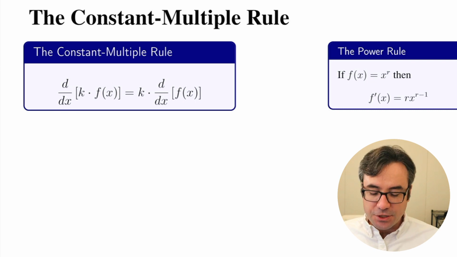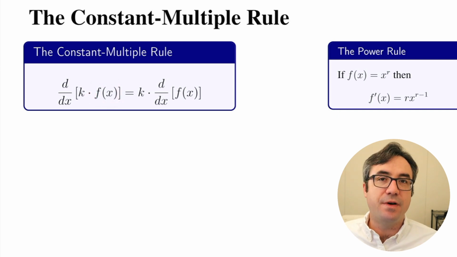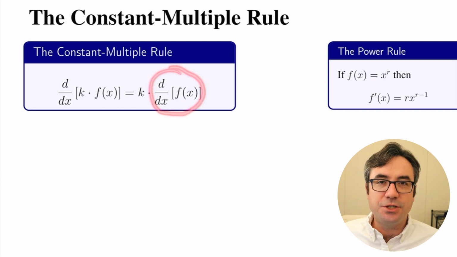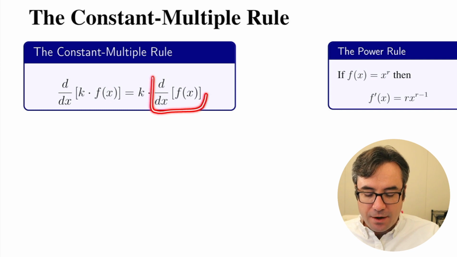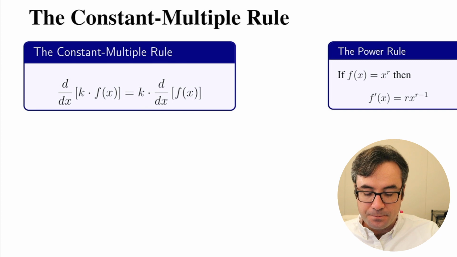If we want to differentiate a constant k times some variable terms, f of x, well, what we can do instead is focus in on just differentiating the variable part, and then once we have that finished, we can multiply the result by k.